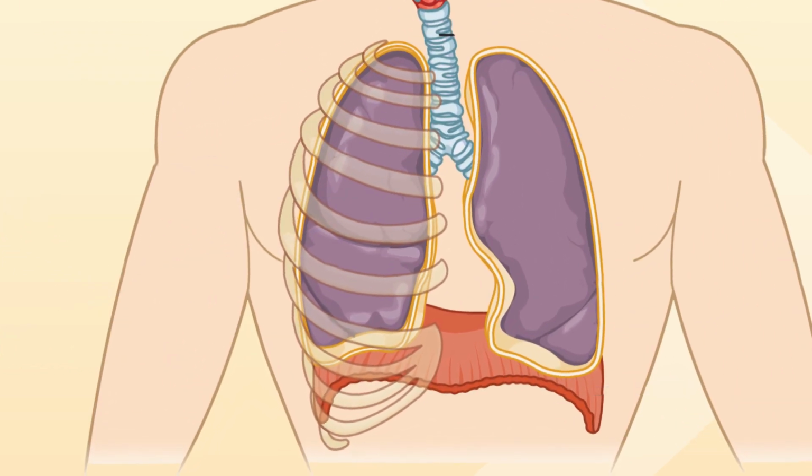Ribs and diaphragm move during inhalation, which leads to increased space as lungs get filled with air, whereas in exhalation, ribs move down and inward, reduce the size, and air is pushed out of lungs.